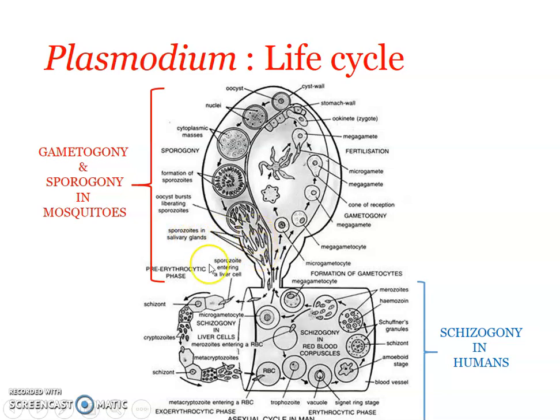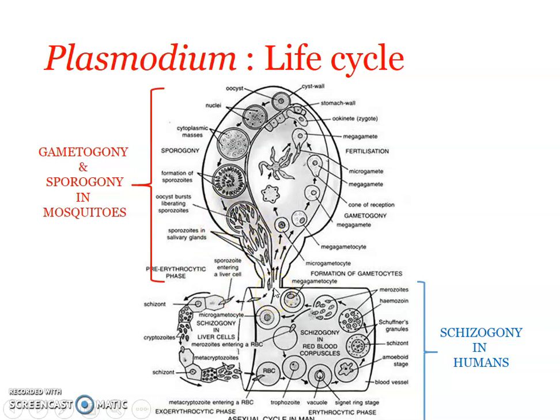So when the mosquito feeds on human blood, the sporozoids are introduced into the bloodstream. So it is an infective stage. In the case of the Anopheles mosquito, this infective stage resides in the salivary glands, and when these mosquitoes bite humans for sucking up the blood, they introduce the sporozoids into the blood.